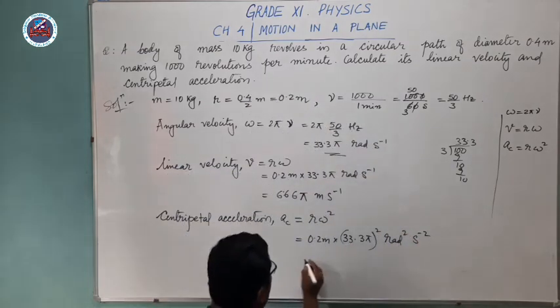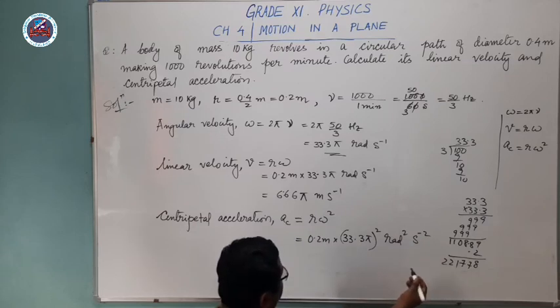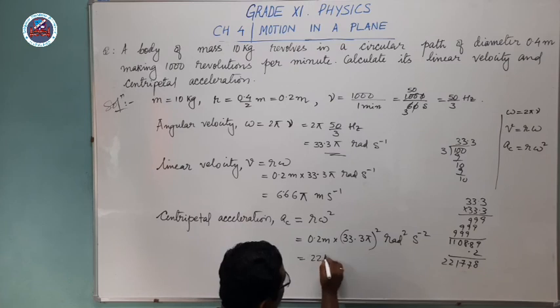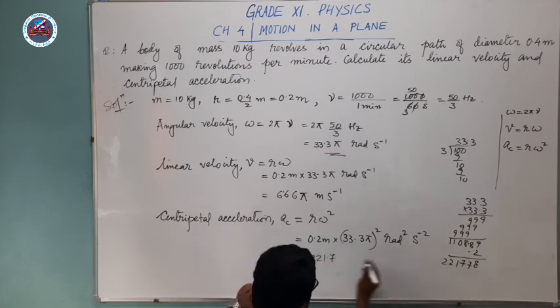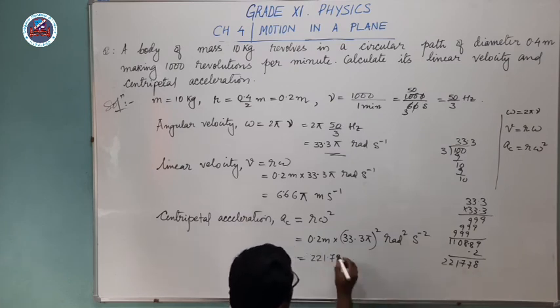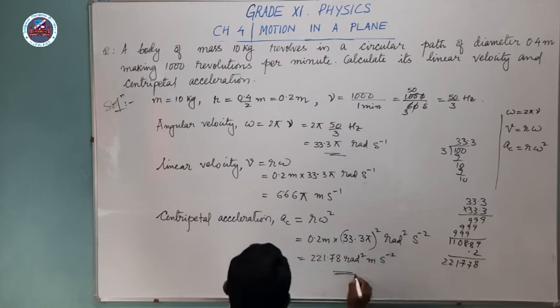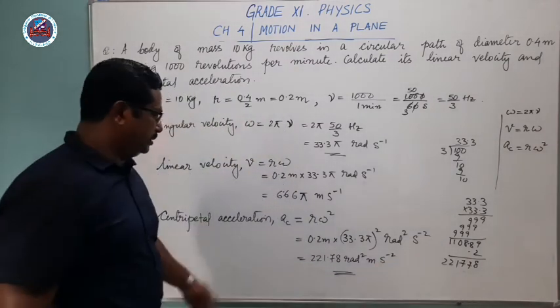So calculate it. The value will be approximately 217. If you round off to 2 digits, then it will be 7.8 radian square, or you can write radian square meter per second square. Like this you can calculate the centripetal acceleration.